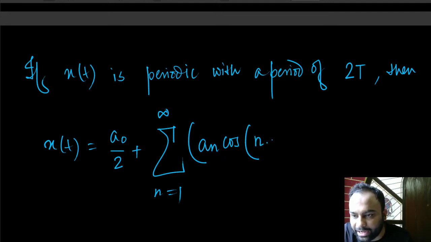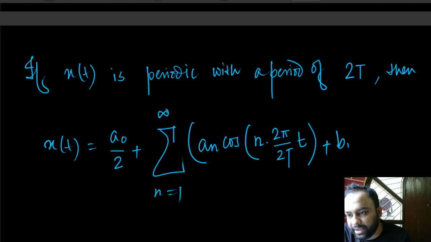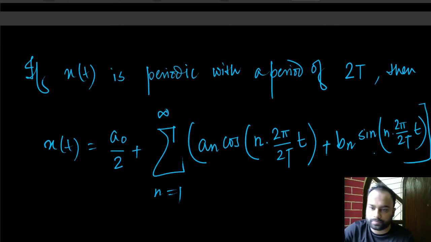That's going to be n into 2 pi by 2T times t, plus bn sine of n into 2 pi by 2T times t, and so on.